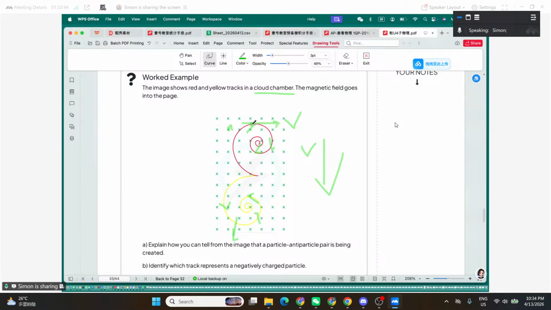I choose this point, so we got the direction is rightward, and we have known the direction of the magnetic field. Using Fleming's left hand, the force direction is upward, but the red one is downward, so we know the particle is negative. No problem now.